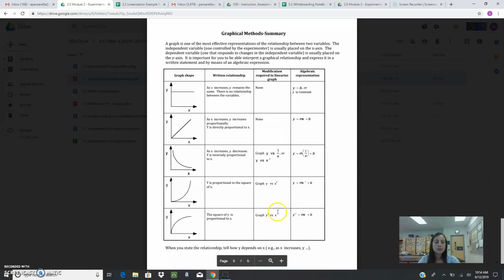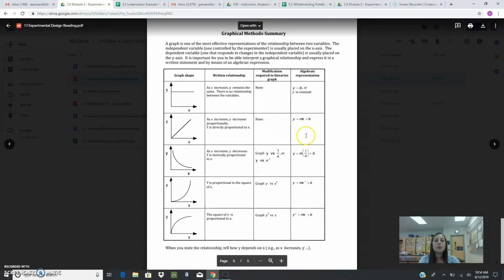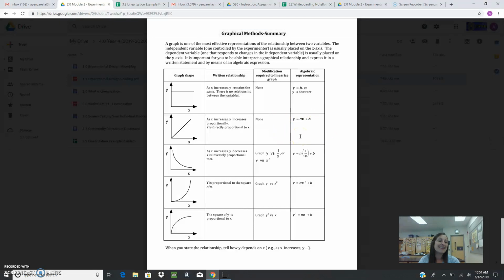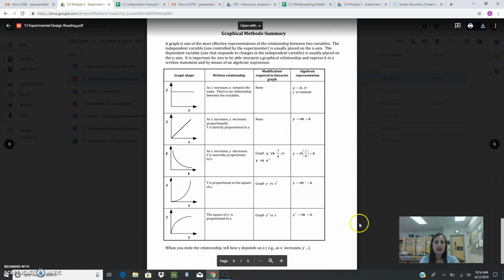And for the last one, since I squared the y, y squared is equal to mx plus b. So whatever you've done in order to manipulate the data, you also do to your base equation. So you'll see me write y is equal to mx plus b as my line 1, and then my line 2 is however I changed it, so whatever I needed to do in order to linearize.